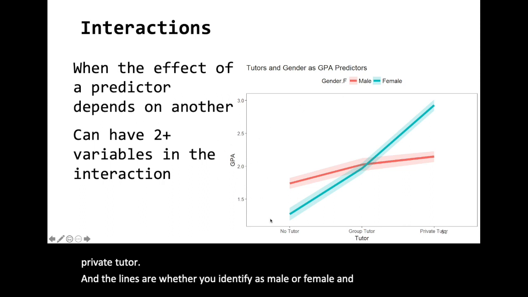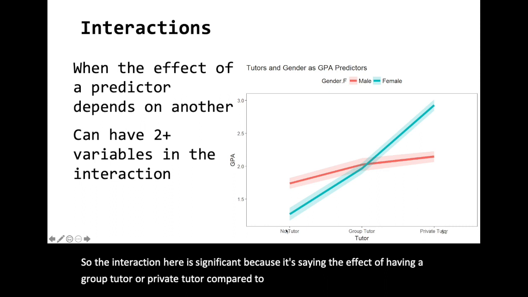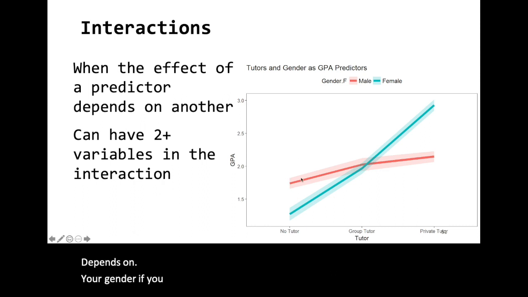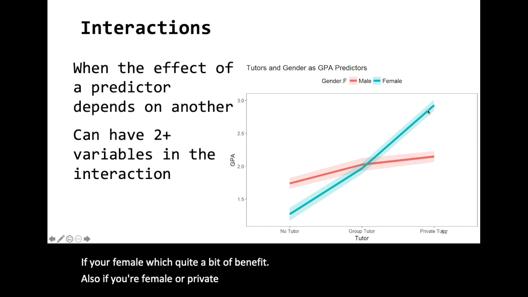The interaction here is significant because it's saying the effect of having a group tutor or a private tutor compared to no tutor depends on your gender. If you are male, there is some benefit to going to a group tutor and a private tutor, but not a ton. If you're female, there's quite a bit of benefit. Also, if you're female, the private tutor is by far the best, whereas for males, group tutor and private tutor are roughly the same.